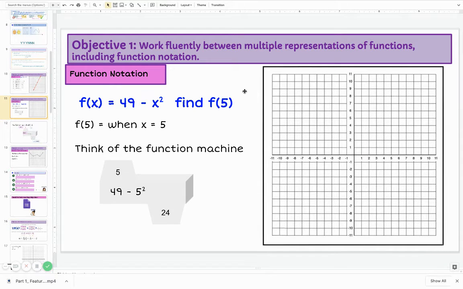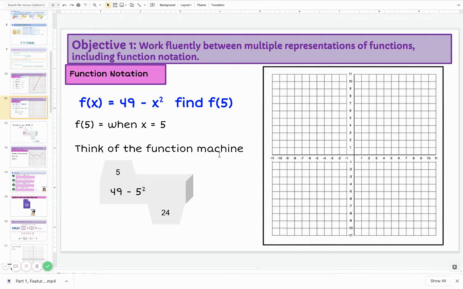Here we are again. We have the function f of x is equal to 49 minus x squared. Find f of 5. So what that means is f of 5 is equal to when x equals 5. That's all it means. It means that x is equal to 5.